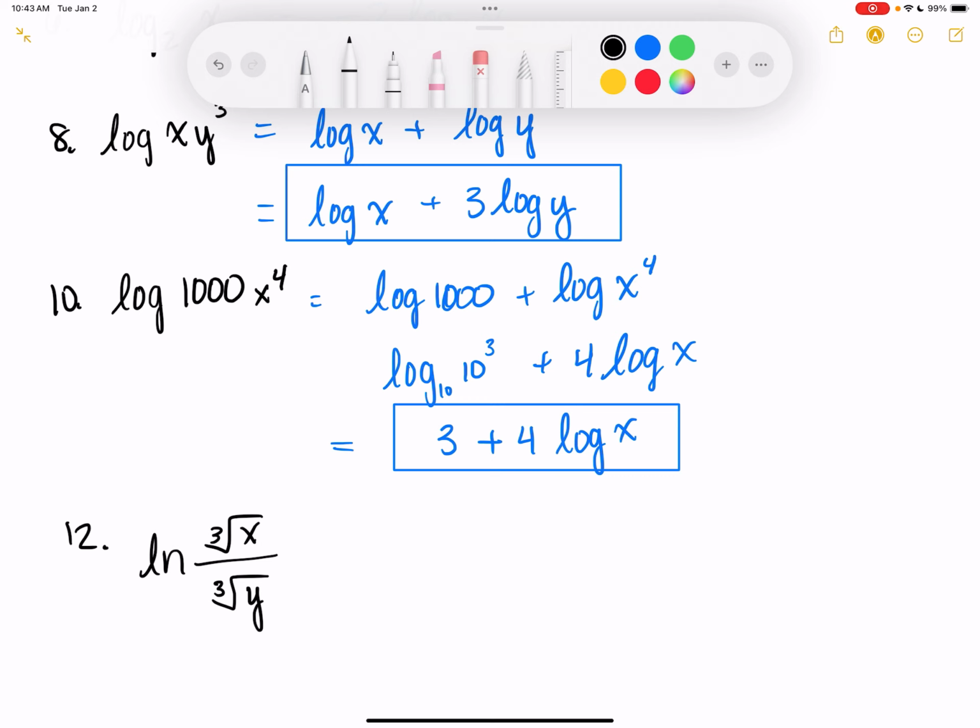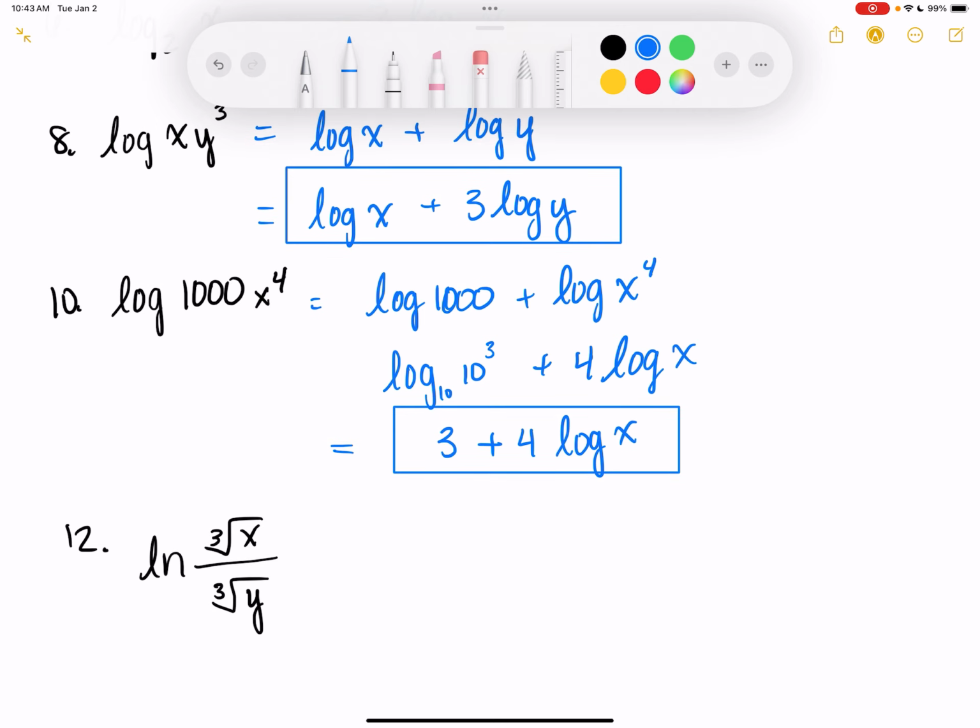Okay, so I would have ln of x raised to the 1/3. Remember, because if we have a root, we can rewrite it as a power, as a fraction, over y to the 1/3.